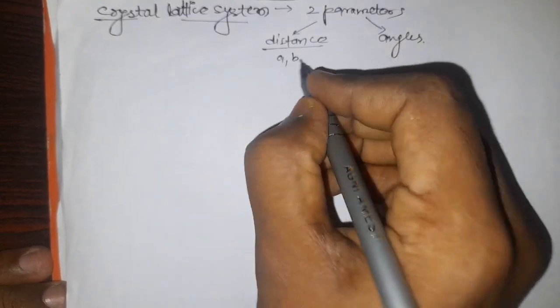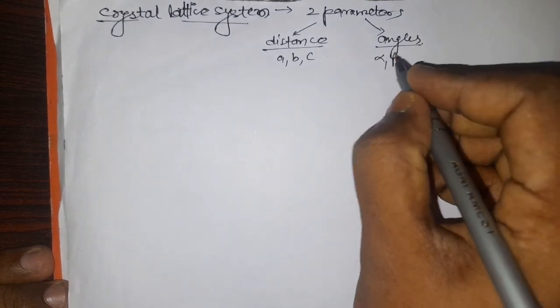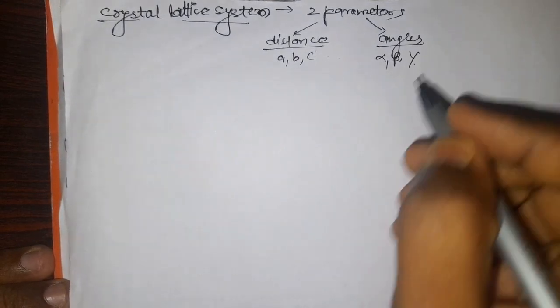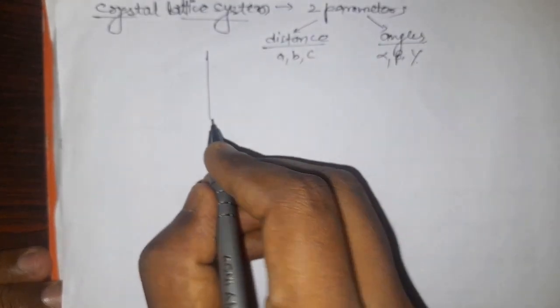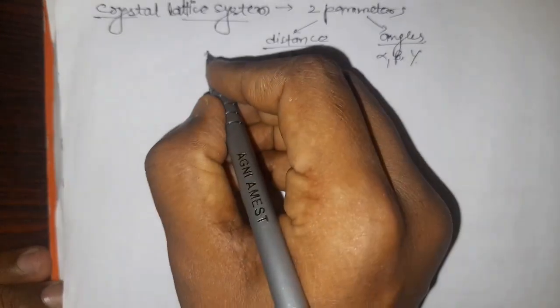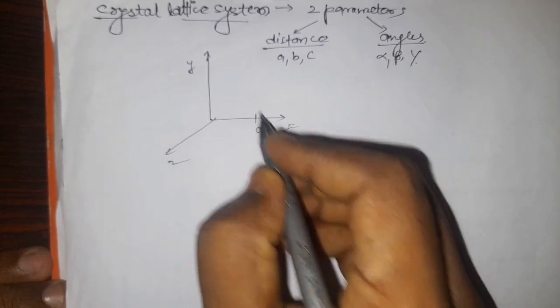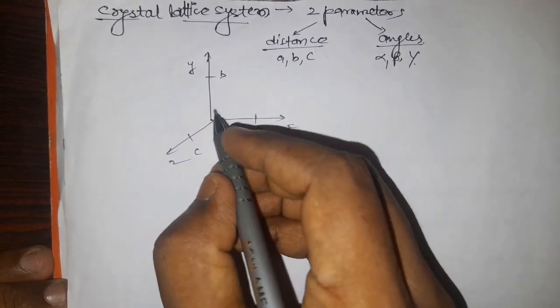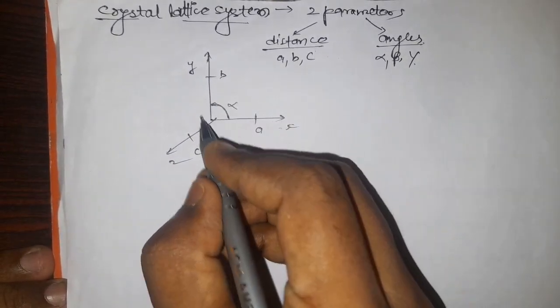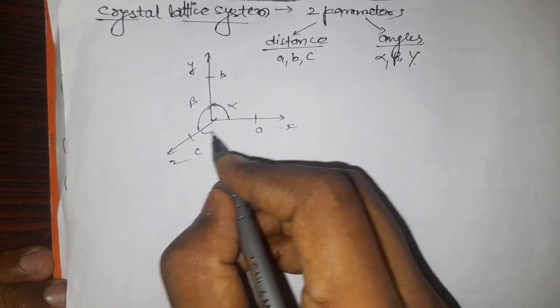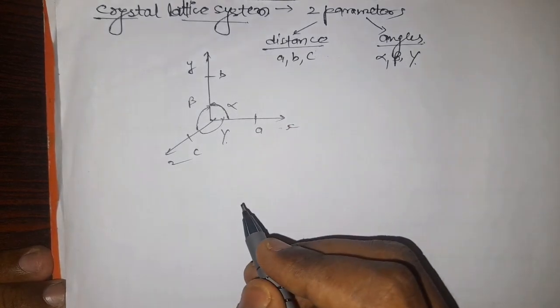Let's take the distances as a, b, c and the angles as alpha, beta, gamma, and we can represent it on the coordinate axes x, y, z. That is, a is there, b is there, and c is there, and this makes an alpha, this a beta, and this a gamma angle with the coordinate axes.